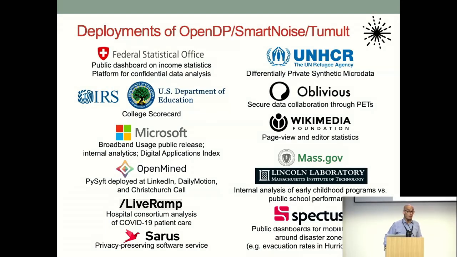There have been a number of organizations that have made use of software in the OpenDP ecosystem, which includes that OpenDP library, it includes the SmartNoise Toolkit, also the open source software that was produced by Tumult Labs is now under the OpenDP umbrella.